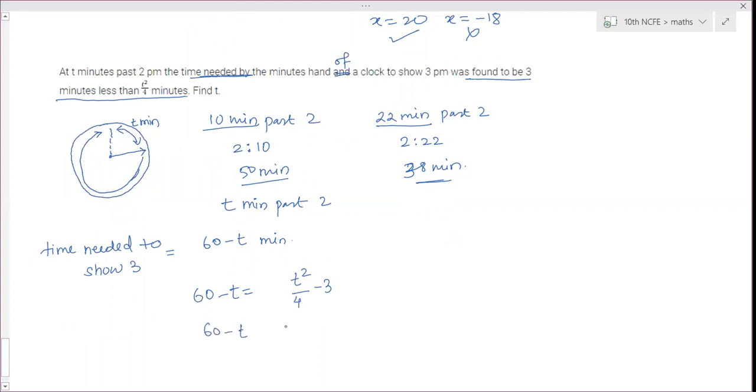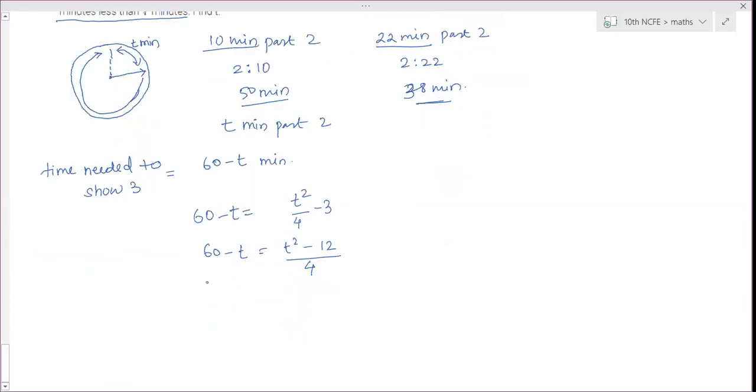60 minus t is equal to t square minus 12, by 4. Here multiply with 4. 240 minus 4t is equal to t square minus 12. 0 is equal to t square plus 4t minus 12 minus 240. t square plus 4t minus 252.